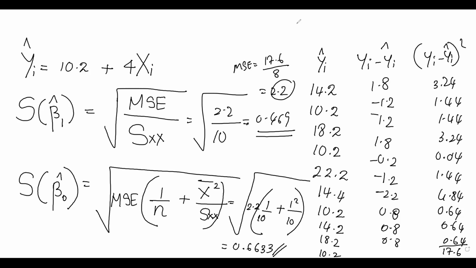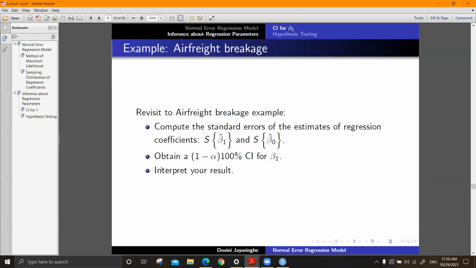Right. So those who have tried these two can try to come up with the confidence intervals. I'll show that to you. This is the question: obtain the 100(1 minus alpha)% confidence interval for beta 1. So you have to check what the formula is for beta 1, where sigma squared is unknown.